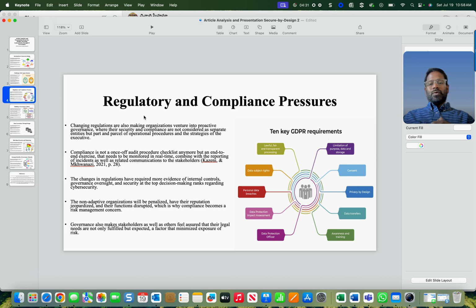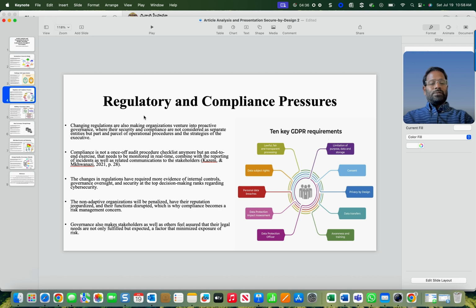Moving forward, regulatory and compliance pressure. Organizations face increasing regulatory and compliance pressures to protect data and privacy. Failure to meet standards like GDPR and HIPAA can lead to legal penalties, reputational damage, and loss of customer trust.